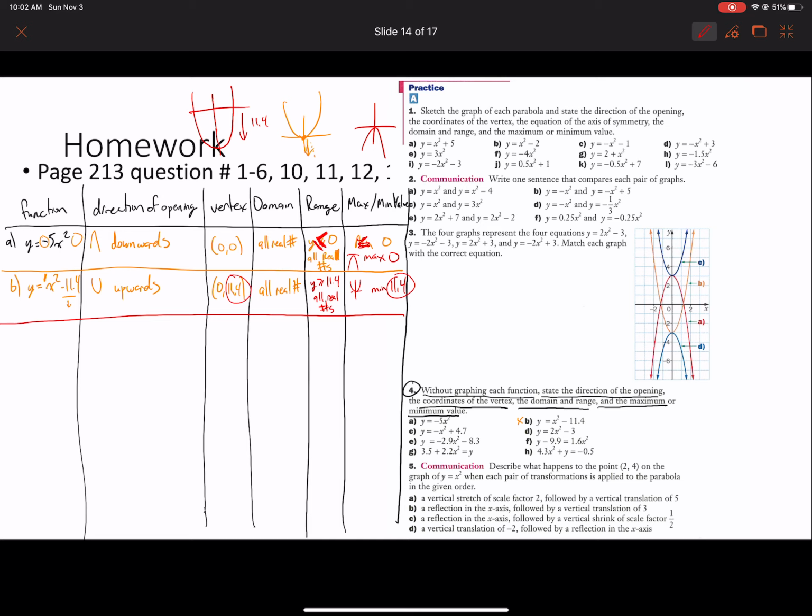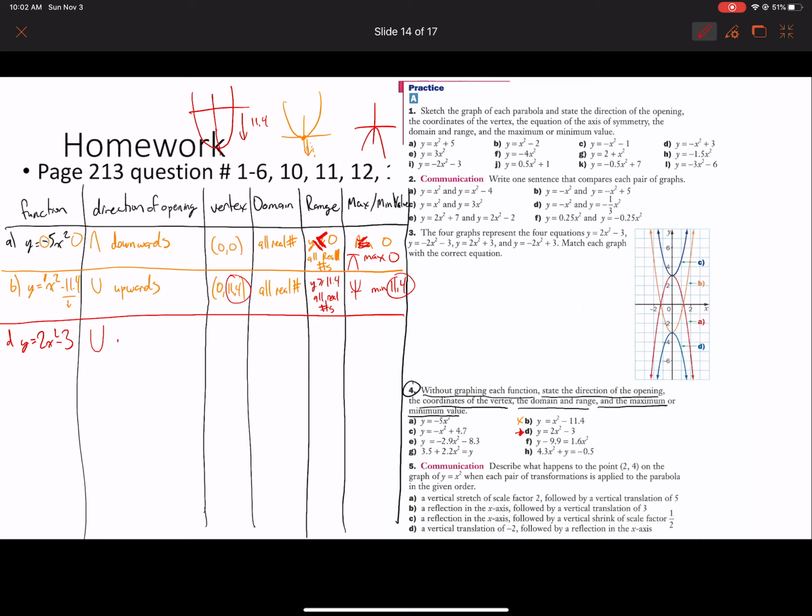All right, let me make sure I'm correct this time. Let's look at D. D is y equals 2x squared minus 3. So it opens upwards. The step pattern has changed, but it doesn't really affect whether or not it opens upward or downwards.